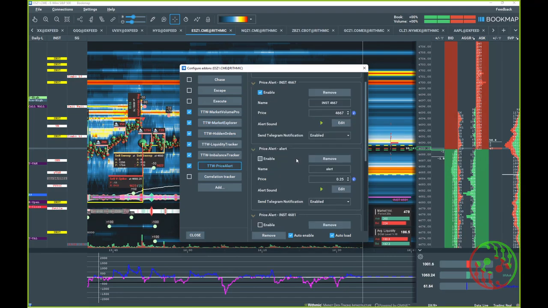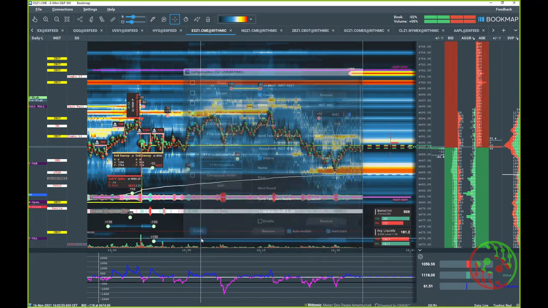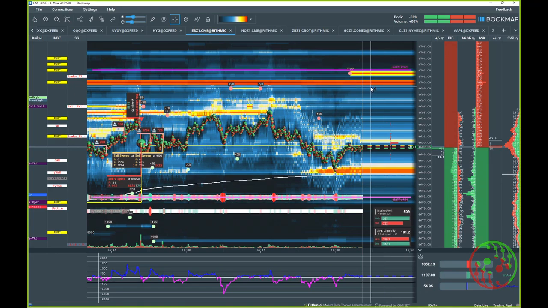Let me check that. Oh, so that's the picture we have today of this market.